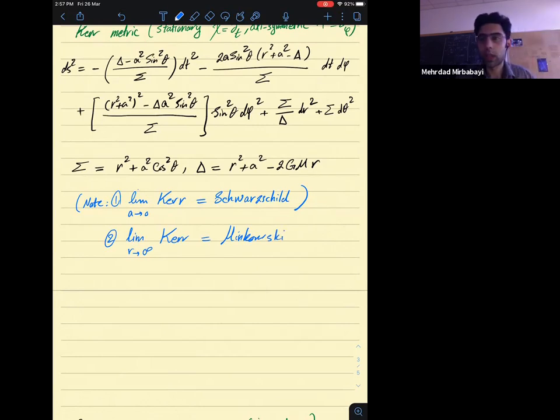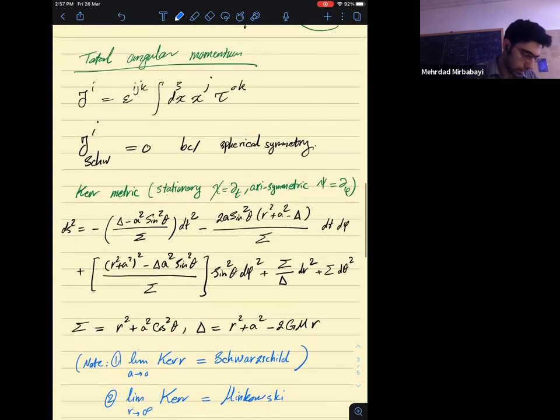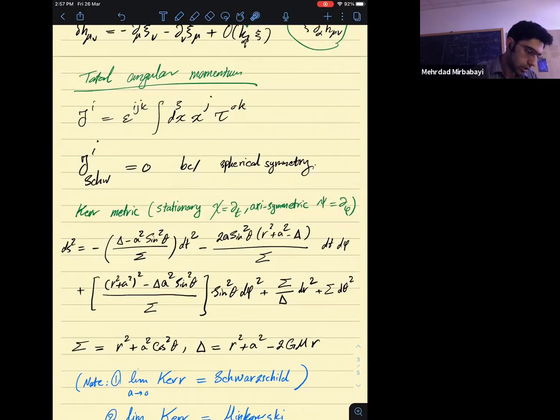So it is asymptotically flat. If we take this Kerr metric, which is asymptotically flat, and compute the angular momentum using this general formula for the metric, we will get something non-zero. Does it answer your question?